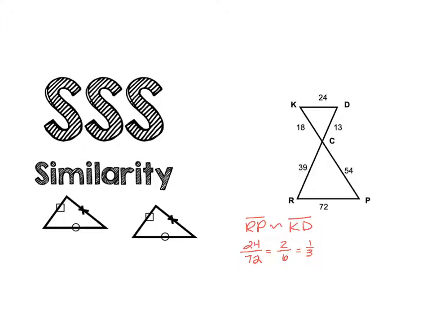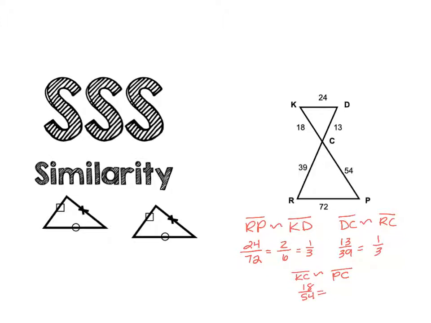And then we know that DC would be similar to RC, and that's 13 over 39. Well, that's 1/3. And then we have KC is similar to PC, and that's 18 over 54, which again simplifies into 1/3.